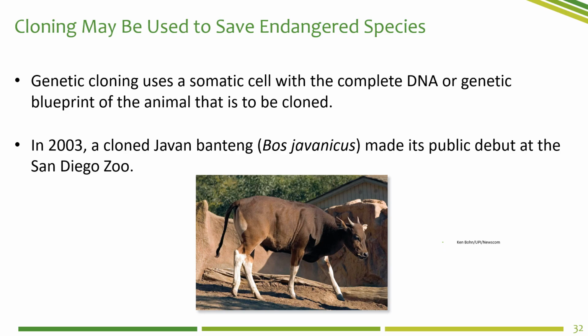For example, in 2003, a banteng, which is a cow-like animal, was cloned and kept at the San Diego Zoo. To do this, they would have probably used a regular cow, something similar to the size of the original parent.